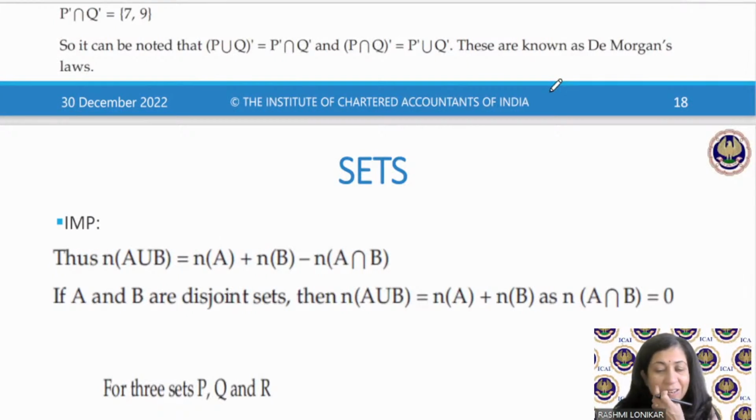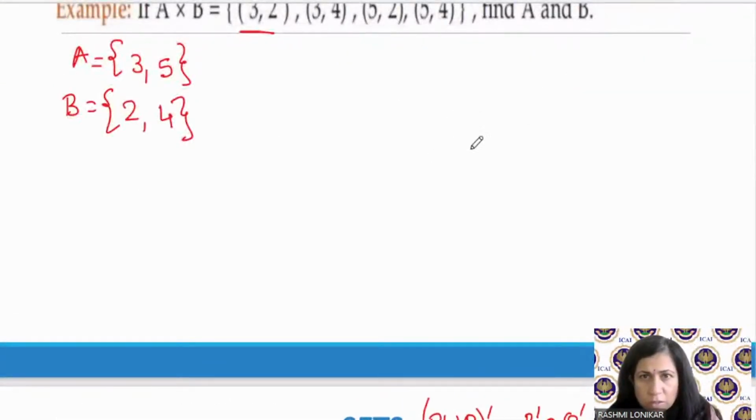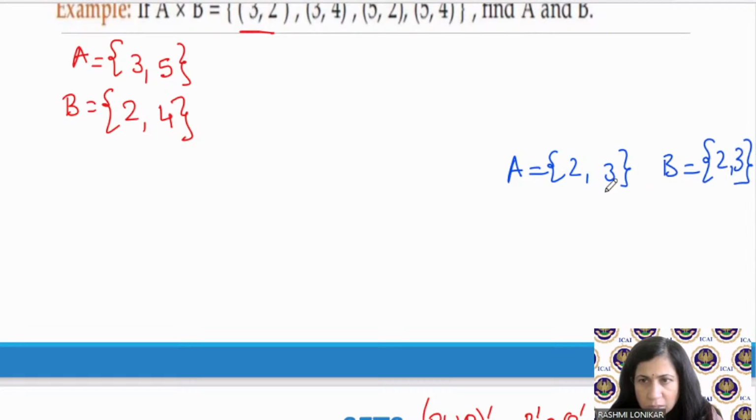Yes, if they both have the same elements, in A cross B it is different. In A cross B I will have 2, 2. See, what you are asking is this, no? Suppose A is 2, 3 and B is 2, 3. Then A cross B will be what?